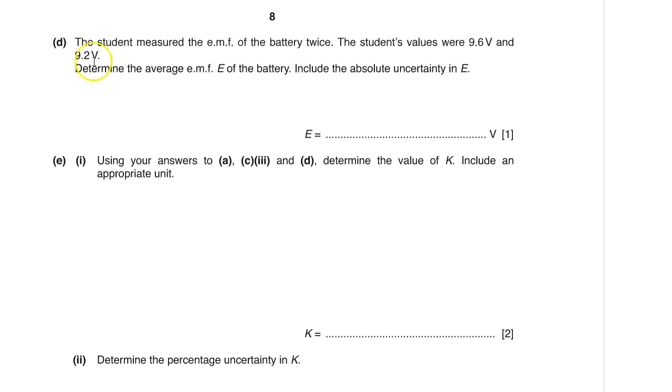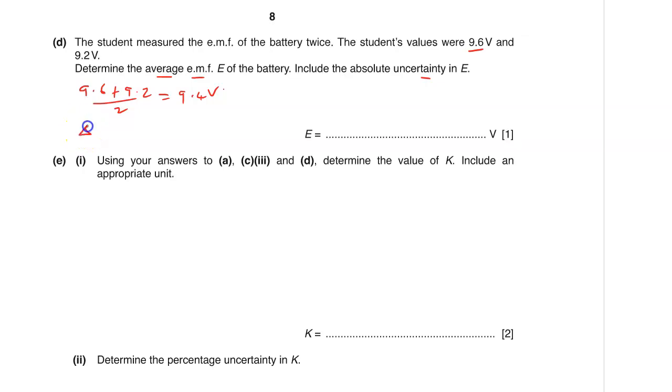Part D, you're told the student measured the EMF of the battery twice. The student's values are 9.6 volts and 9.2 volts. Determine the average EMF of the battery and include an absolute uncertainty. For the average, you just add the two and divide by 2: 9.6 plus 9.2 divided by 2 gives us 9.4 volts.